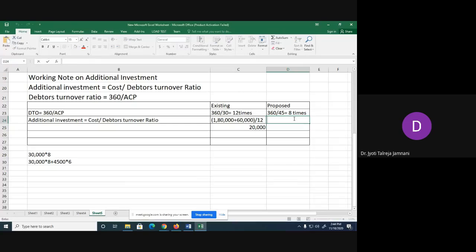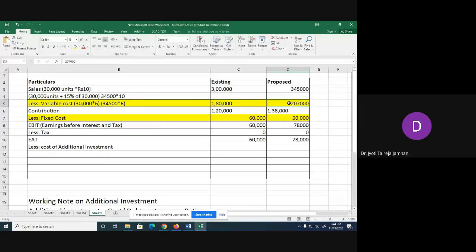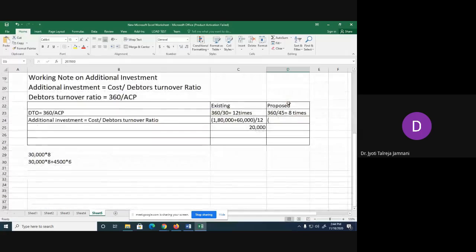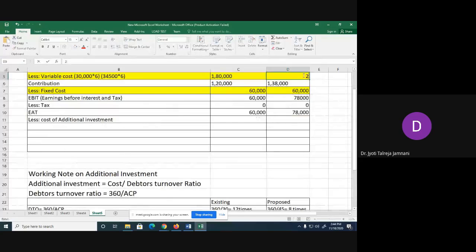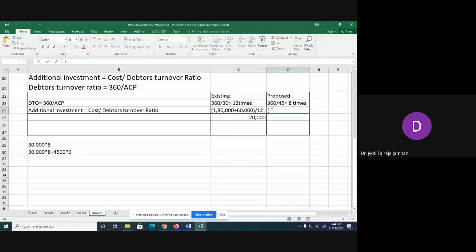In the second case, the variable cost is 2,07,000. That is the proposed plan. Plus the fixed cost remains fixed, that is 60,000. Divided by the debtors turnover ratio, how many times? 8.